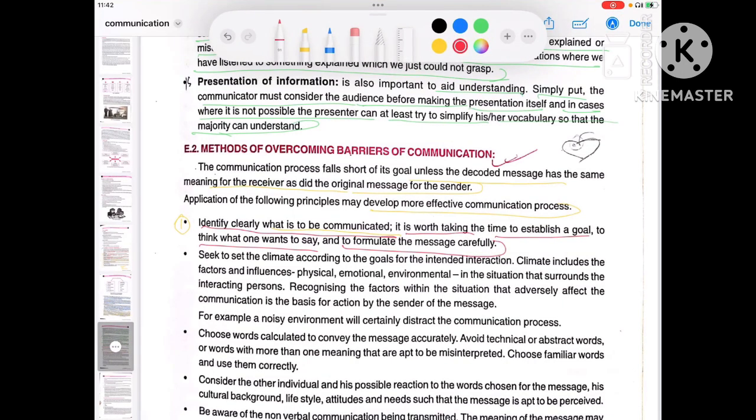Next one is to set the climate according to goal-oriented interactions. Climate includes the factors that influence the physical, emotional and environmental situations that surround the interacting persons. Recognizing the factors within the situation that adversely affect communication is the basis for action by the sender of the message. So seek out the climate.